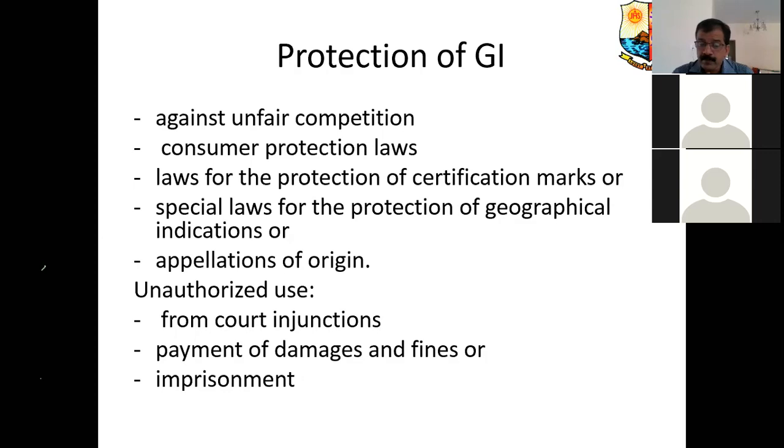Protection can also be given under the law for the protection of certification marks. It is as good as misusing or tampering a certificate, because GI tagged items cannot be compared to other items. Therefore, you will get the benefit of law like certification tampering.